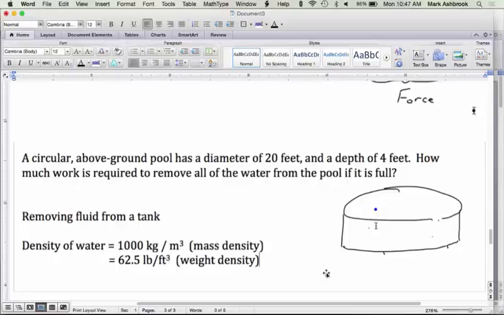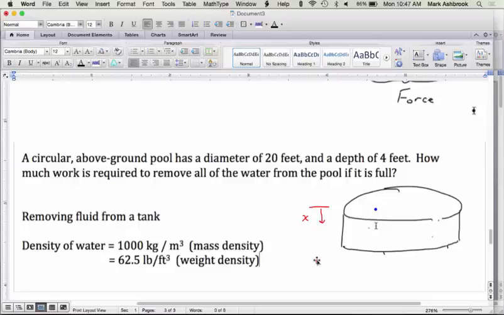And let's make sure we're all on the same page. We need to figure out how much water we have. We're going to make x be the distance down from the top, okay? So the volume is pi times 10 squared, 400 pi.